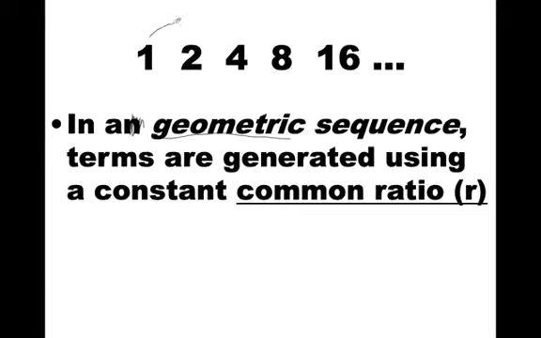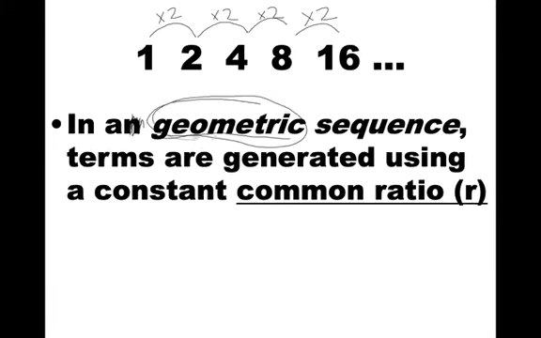As we jump from step to step, we are multiplying by a number. We're not adding and subtracting, we are multiplying or dividing as we go step to step. That makes it geometric. When we multiply, it's a geometric sequence.